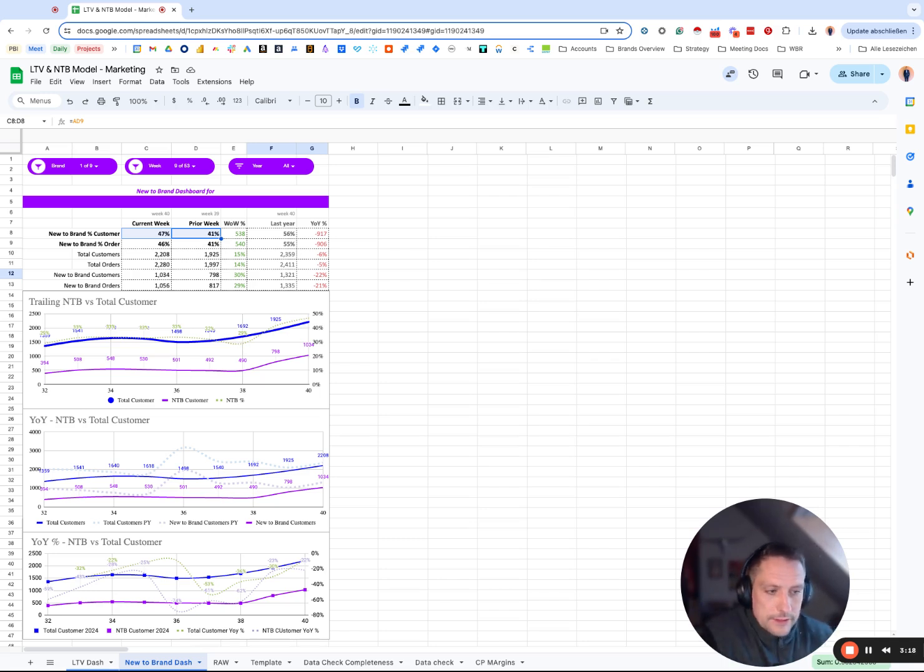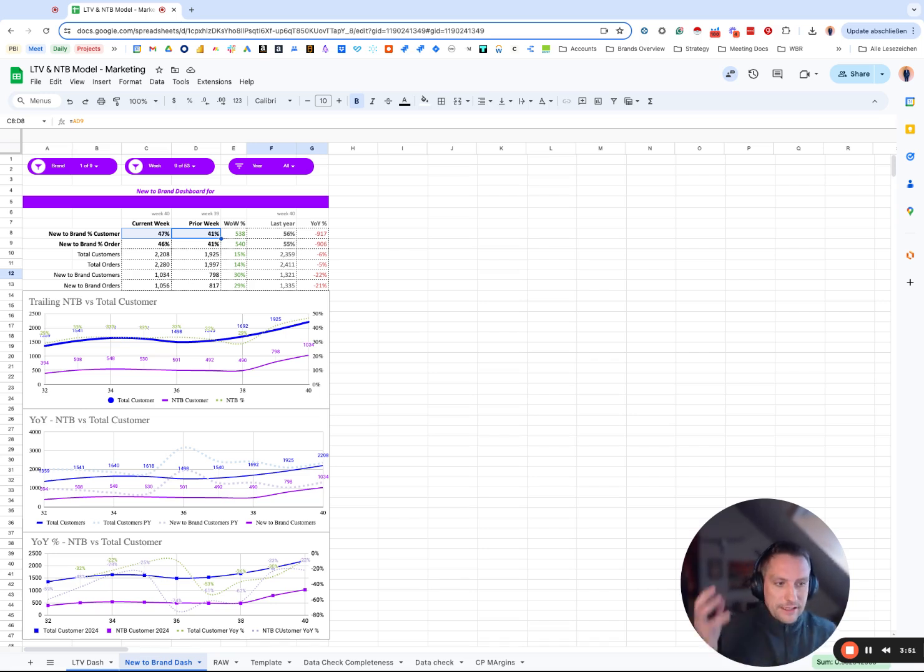Why is this important? This specific brand is a repeat purchase brand, a brand that has repeat purchase potential. So it's important that you fill your funnel of new customers enough, because you have a certain churn rate for those customers. And if you're not getting in new to brand customers enough, then eventually your funnel dries out, and then you will only operate on repeat customers, customers that buy a product again and again.